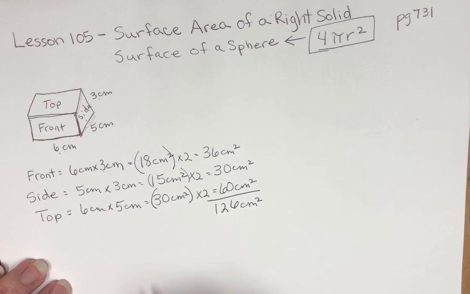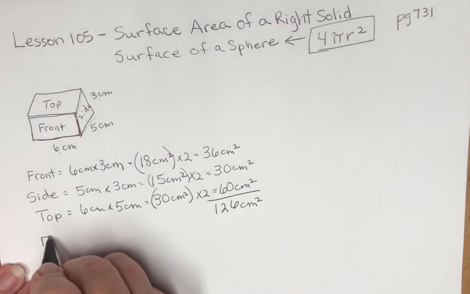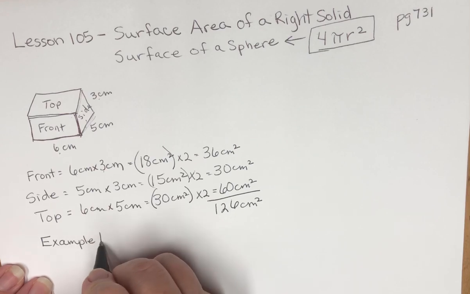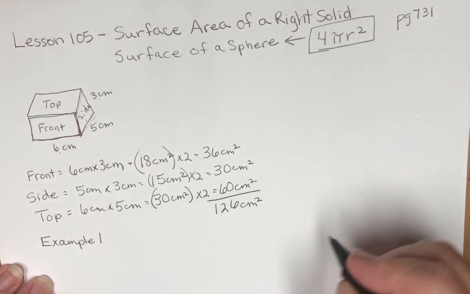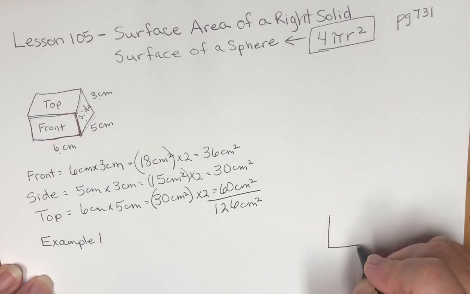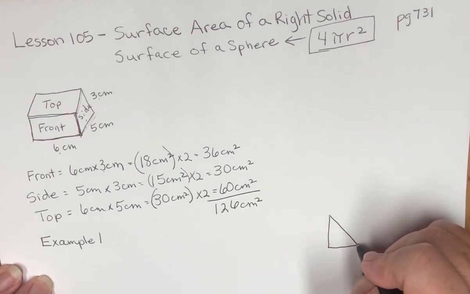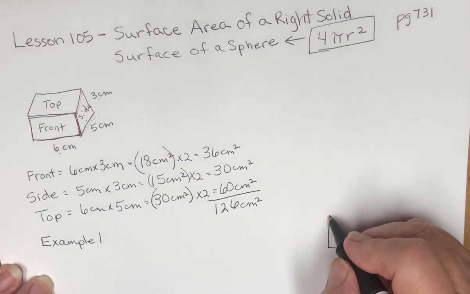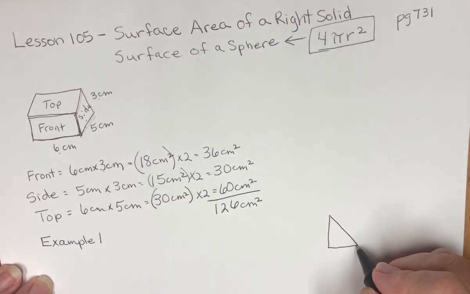Now we're going to get into example 1, and I will again try to draw this. This is a triangular prism, so there are two sides that are triangles.